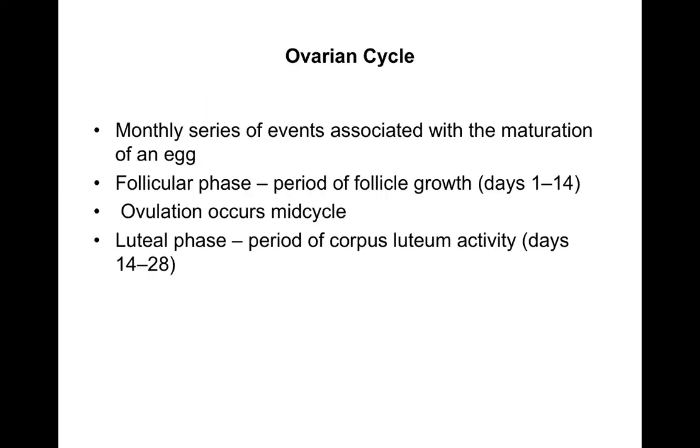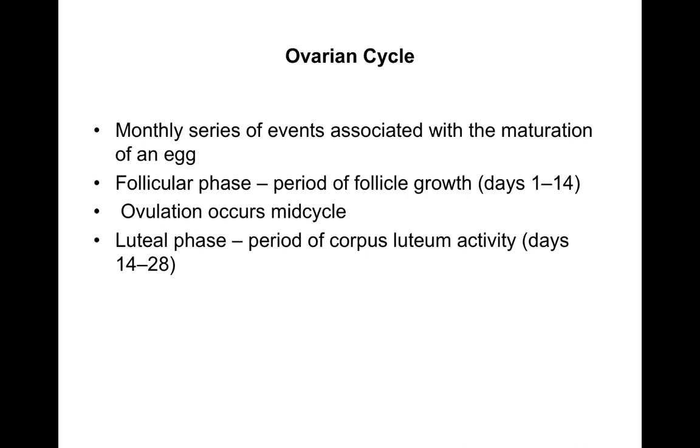So, what is the ovarian cycle? The ovarian cycle is maturation of the egg throughout the monthly series. So, there are three steps that go on here. Number one is the follicular phase, which leads into the ovulation, and the third is the luteal phase. So, the follicular phase starts from day 1 to 14.